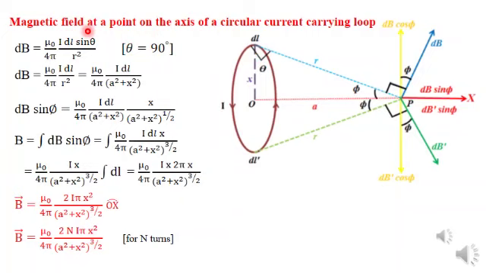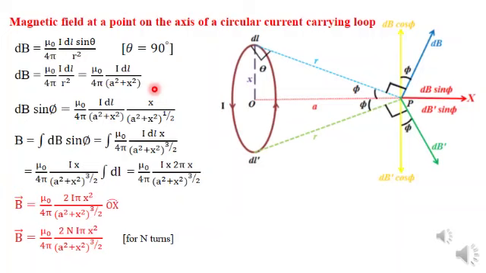Then dB equals mu 0 by 4 pi I dl by r square. After applying Pythagoras theorem for this triangle, we get r square equals a square plus x square. So dB equals mu 0 by 4 pi I dl by a square plus x square.